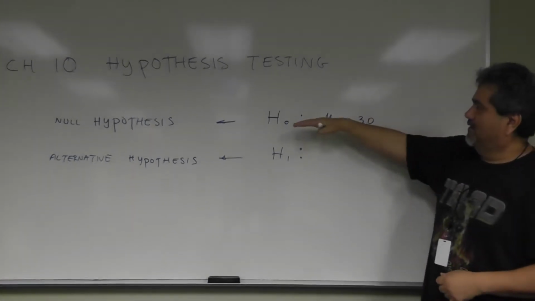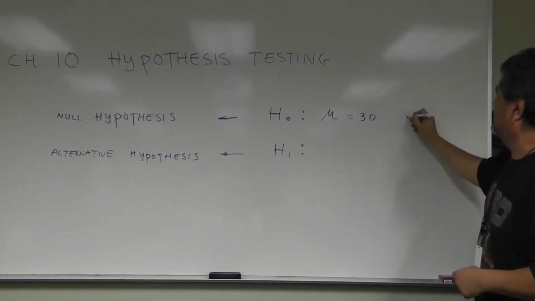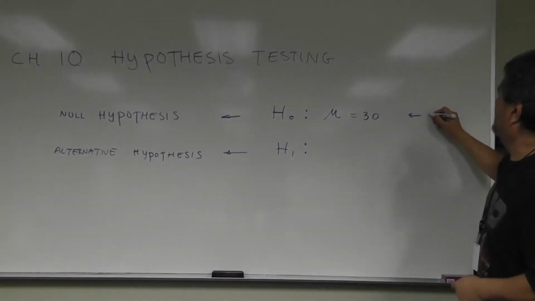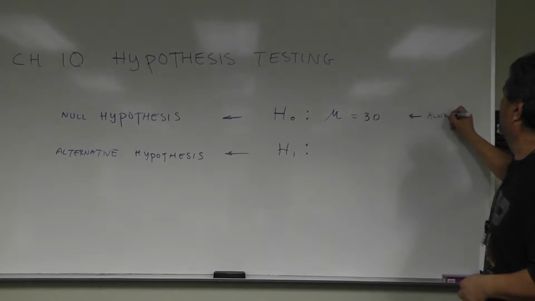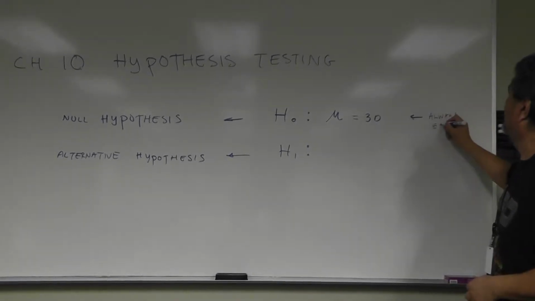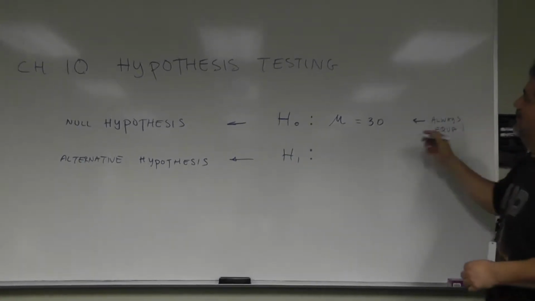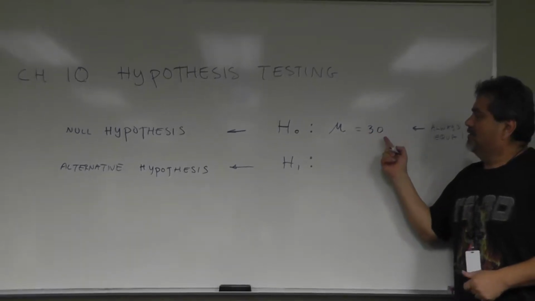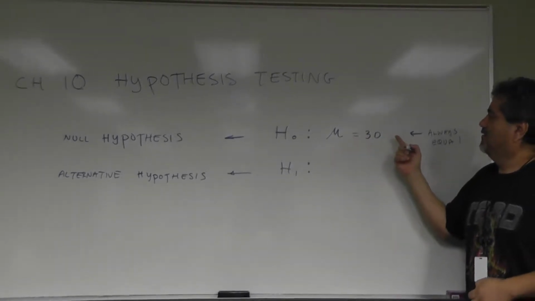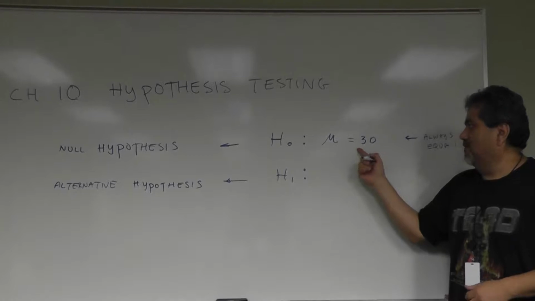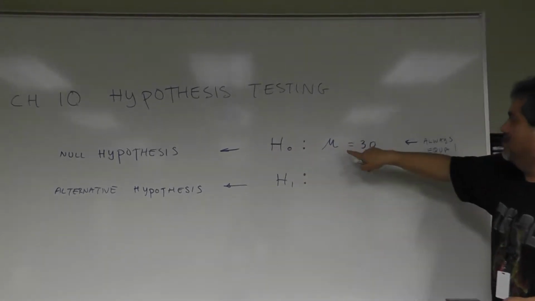And as a matter of fact, the null hypothesis is always about equality, right? It is always an equation. So you will always have maybe the mean is equal to 30 or the percentage is equal to 45%, something like that, right? So this null hypothesis will always be equal.